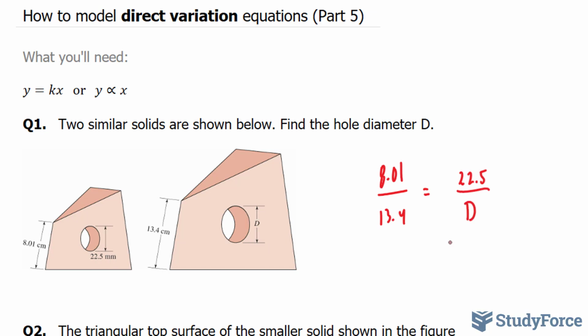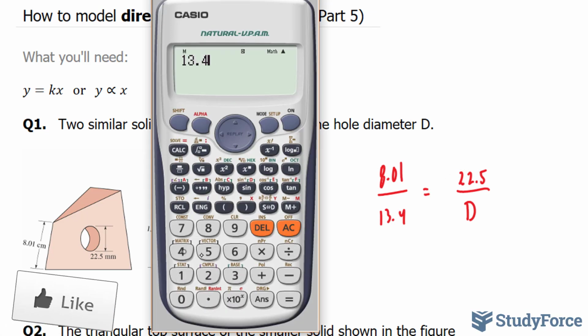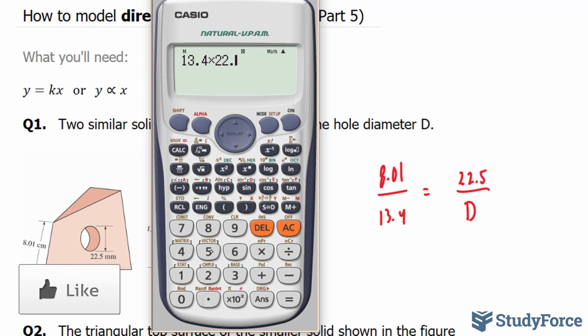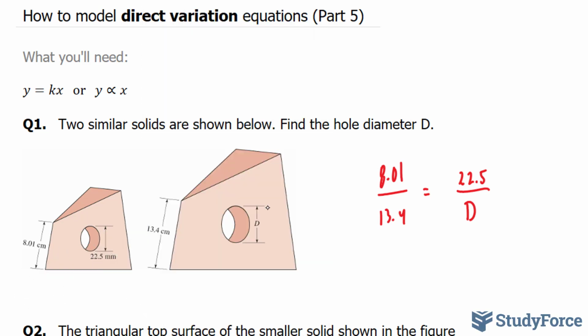Now this is a simple matter of cross multiplication. We multiply 13.4 times 22.5. 13.4 times 22.5 gives us 301.5, and d times 8.01 is 8.01d.